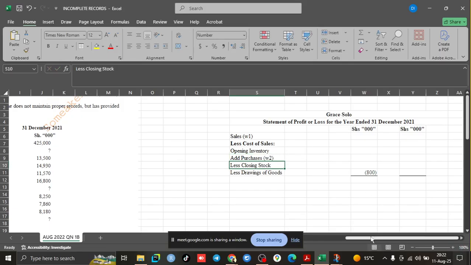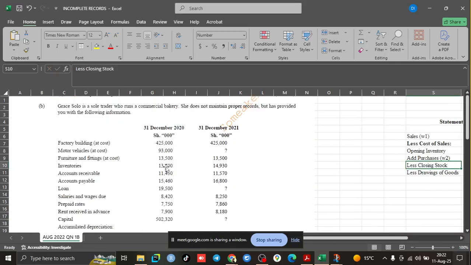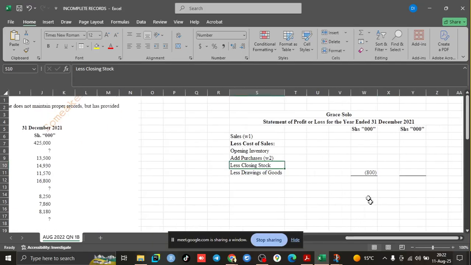We have to calculate those ones. But tuko na opening inventory. Opening ndio hii 13,700, closing ni 14,930. So the way wameipanga ni such a way that tunaangalia this year na next year. So ujue which is the opening, which is the closing.